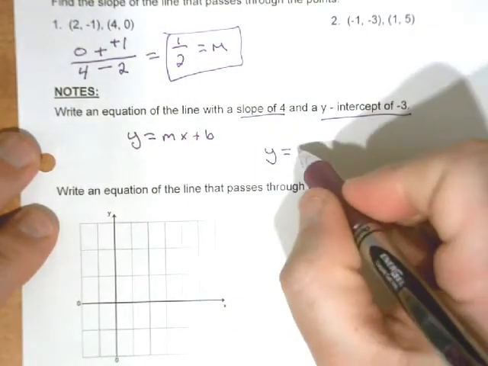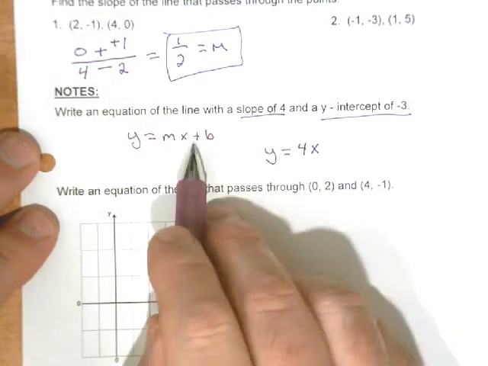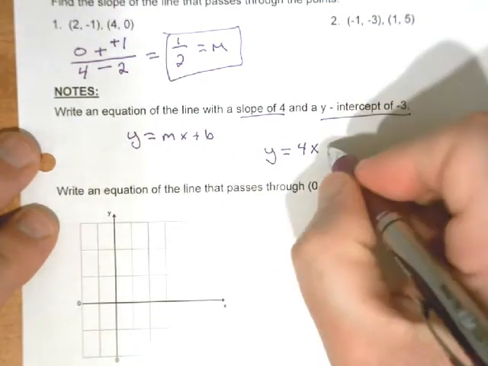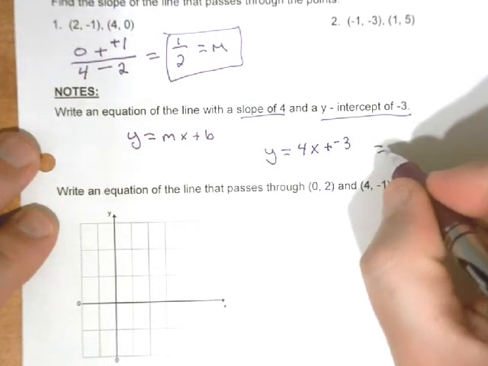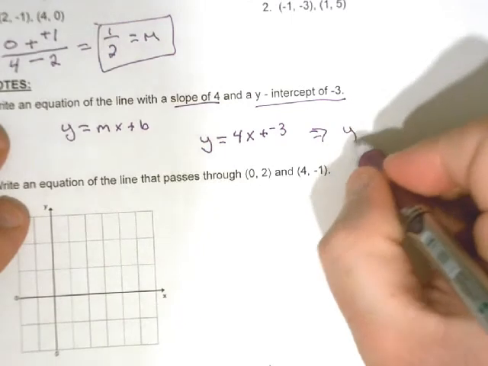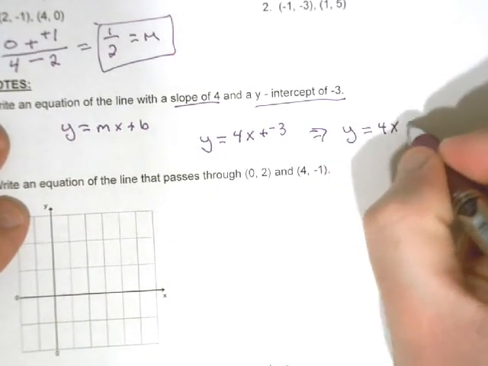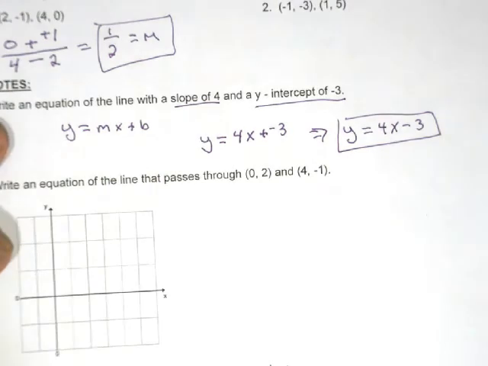So y equals, my slope is 4x, plus b, and b is a -3. Then just clean that up. So we only have one symbol, so y equals 4x minus 3. And we have written the equation for that.